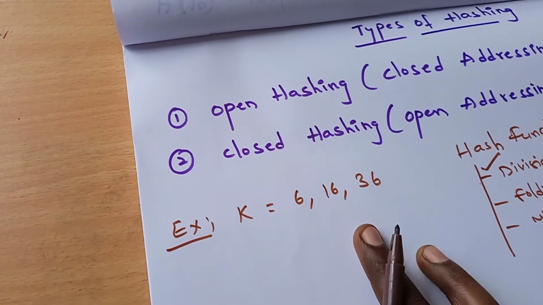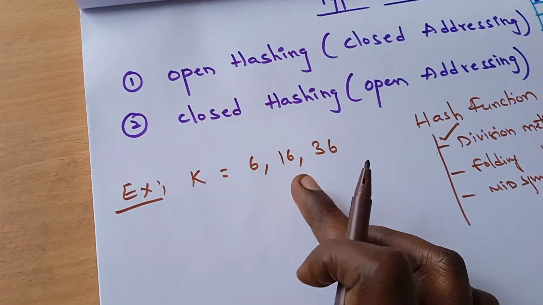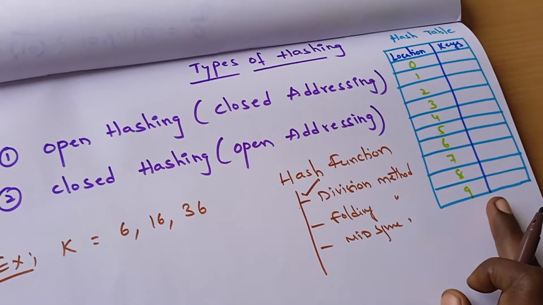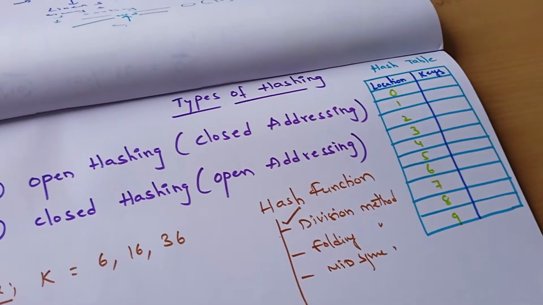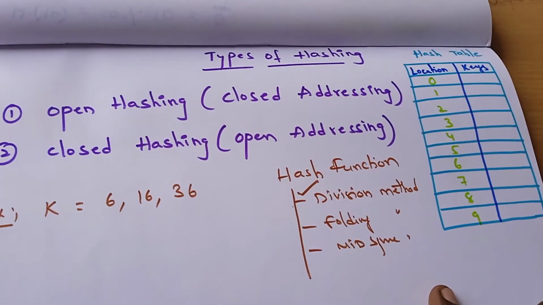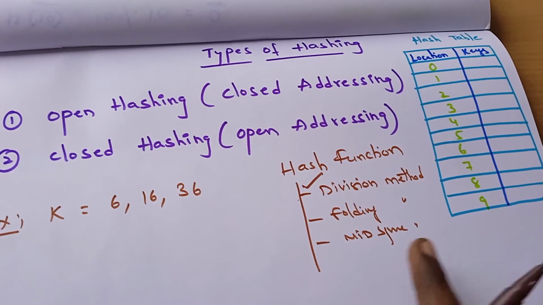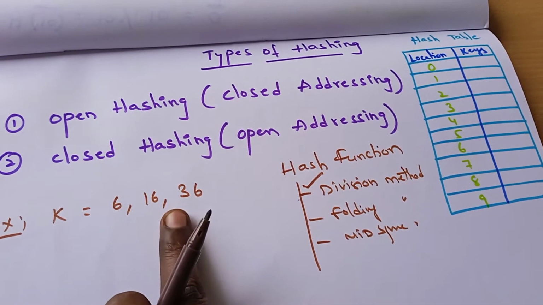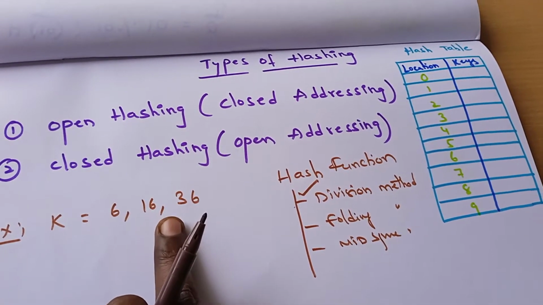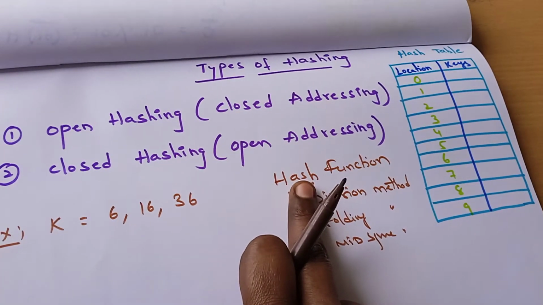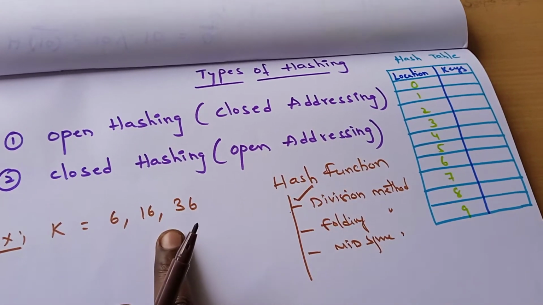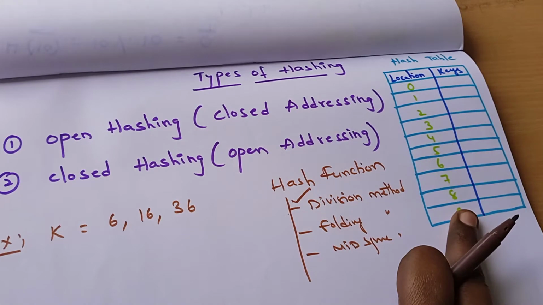I took these three elements. Now I want to place these three elements into this hash table. When you are given the keys, you have to evaluate the hash function in order to place these keys into the hash table.